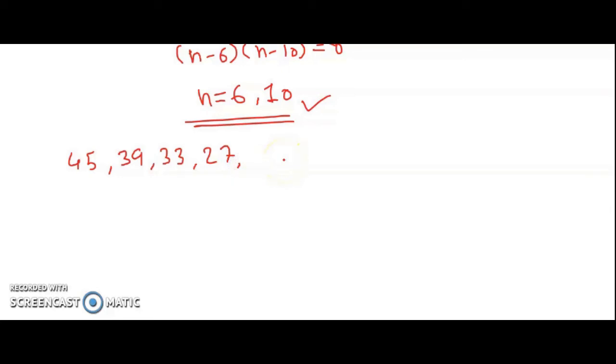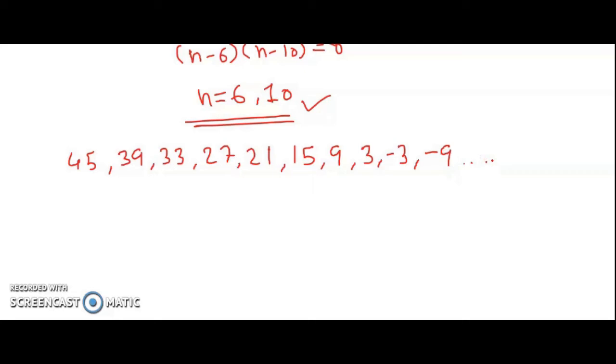If you further expand this series, after 27 we will get 21 and 15, then we will get 9 and 3, then we will get minus 3, then minus 9, and so on.